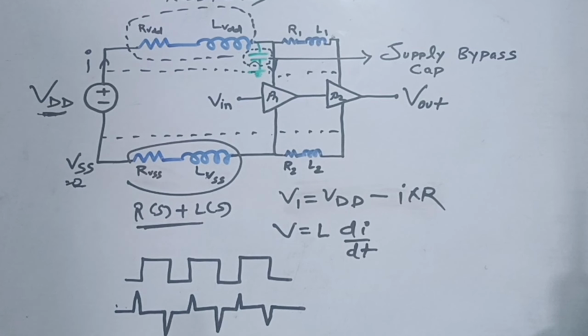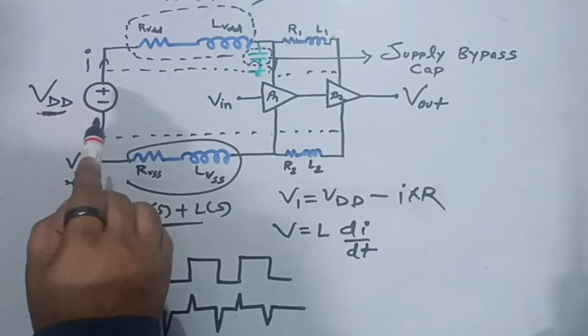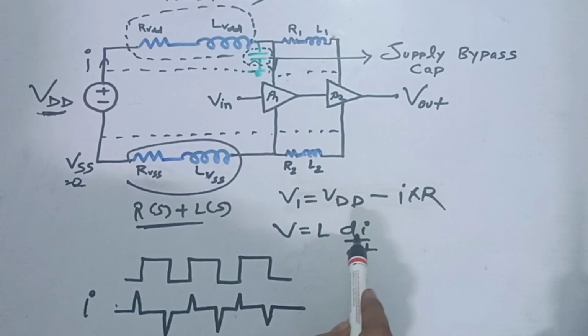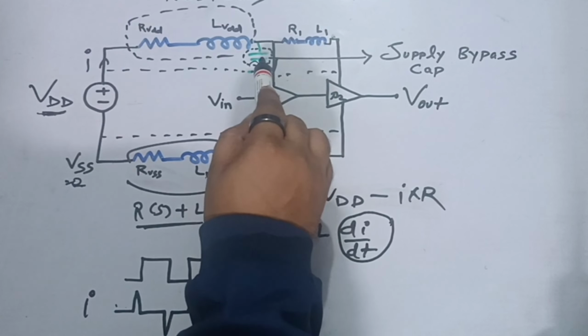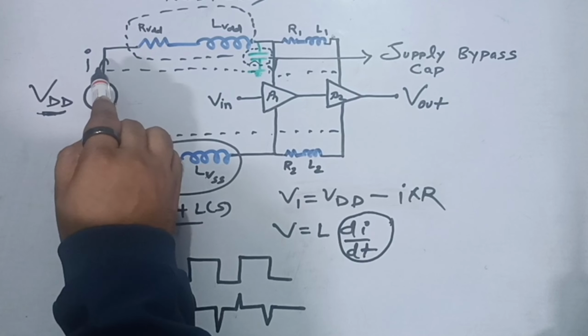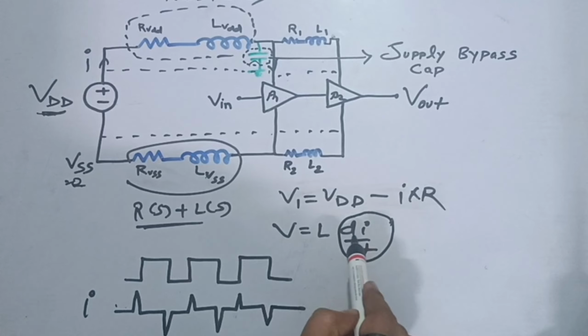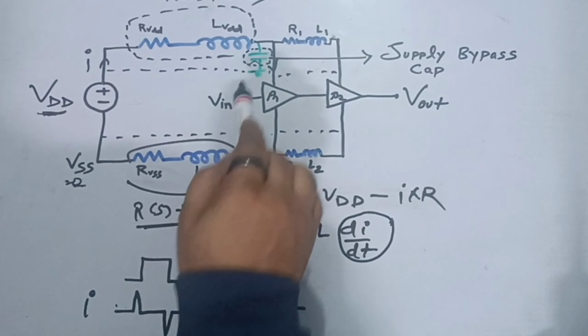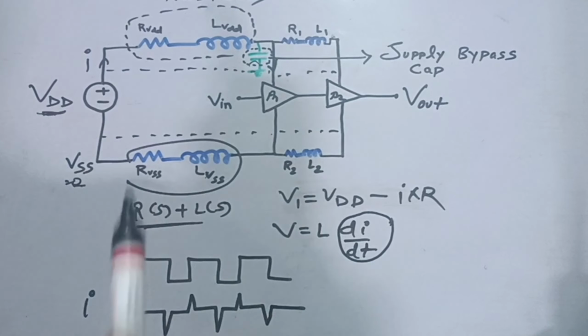Now, if this kind of current is fed as an input to the inductance, because of this di/dt factor the amount of drop that will occur across VDD will be very high. Because of this differentiation, the edges will become sharper and we will see more drop across this op-amp.